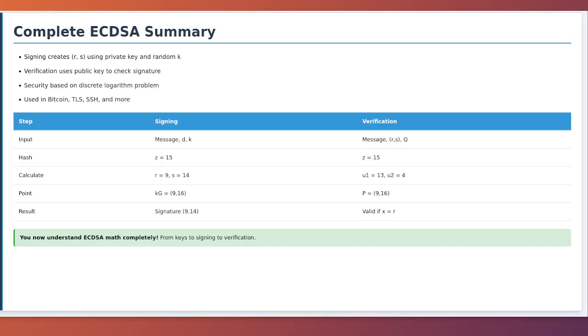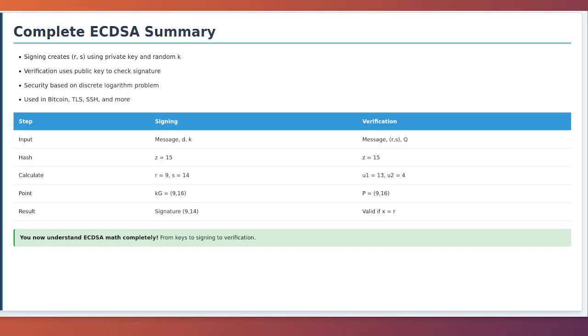To sign the message, we chose a random number k equals 11, calculated r as the x-coordinate of k times G, getting r equals 9. Then we calculated s using the formula s equals k inverse times z plus r times d modulo n, getting s equals 14. The signature is the pair of numbers r, s equals 9, 14.